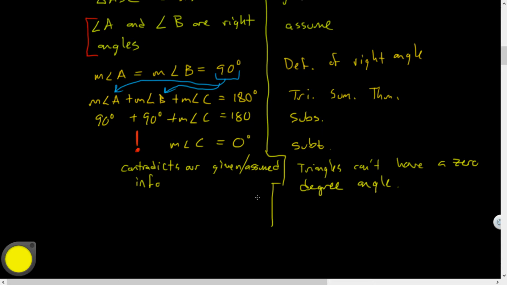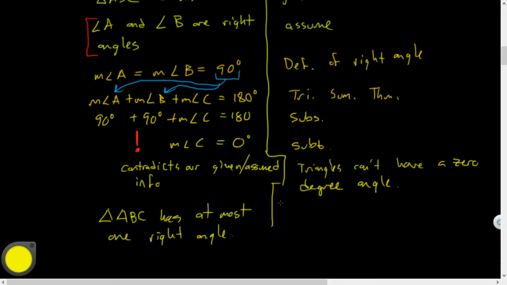All right, so therefore, since my assumption was false, it must be true that any triangle has at most one right angle.